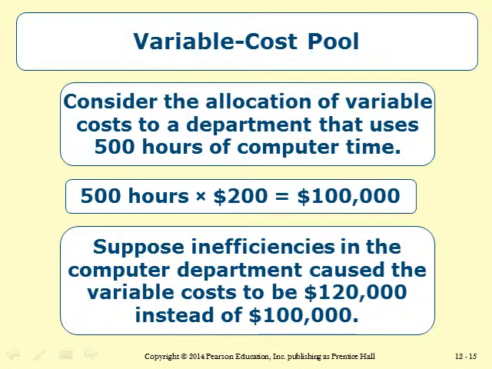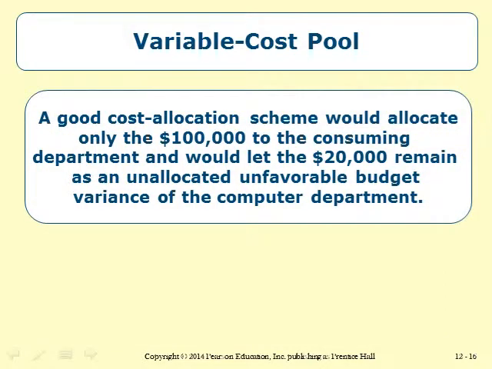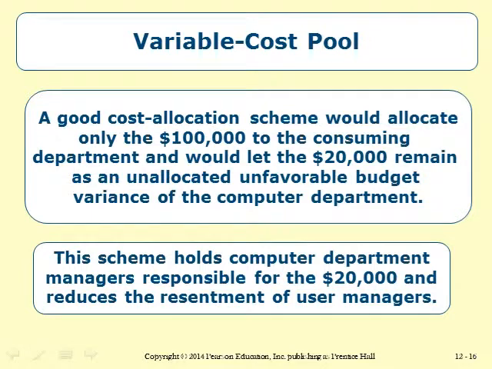So we've got a $20,000 variance there, right? A good cost allocation scheme would allocate only the $120,000 to the consuming department and would let the $20,000 remain as an unallocated, unfavorable budget variance of the computer department.